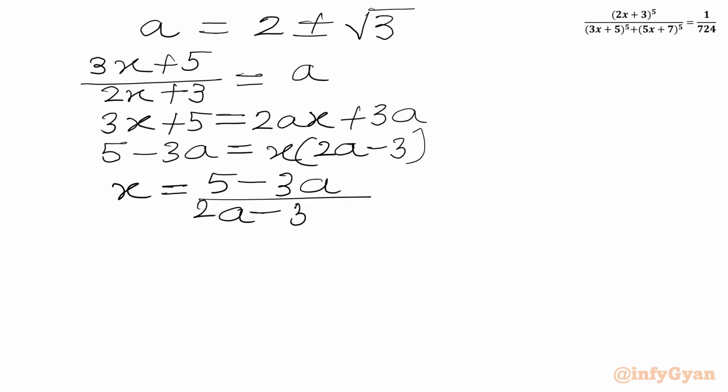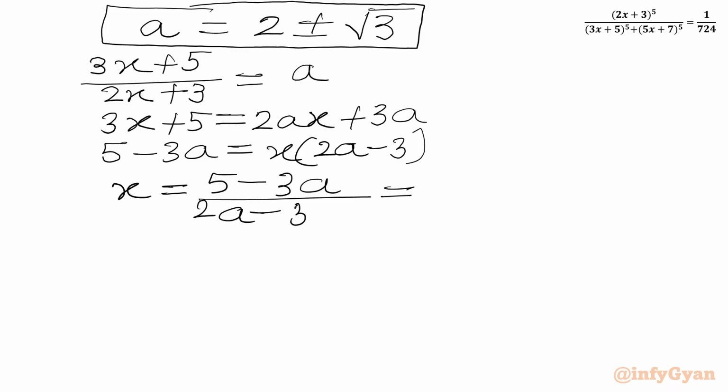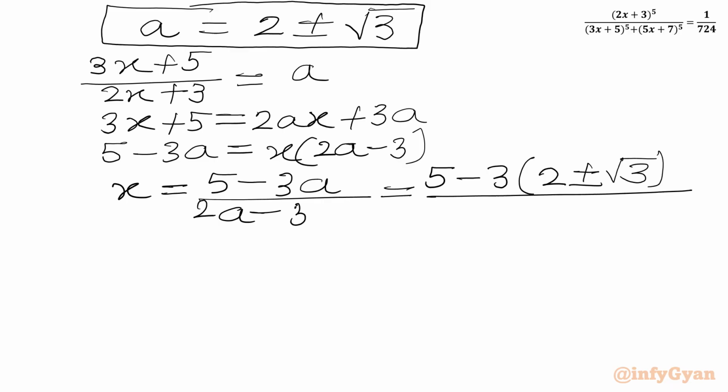Now a is 2 plus minus square root 3. Let's put the values: 5 minus 3 times (2 plus minus square root 3) over 2 times (2 plus minus square root 3) minus 3.